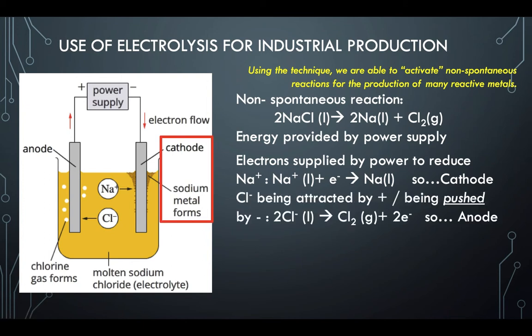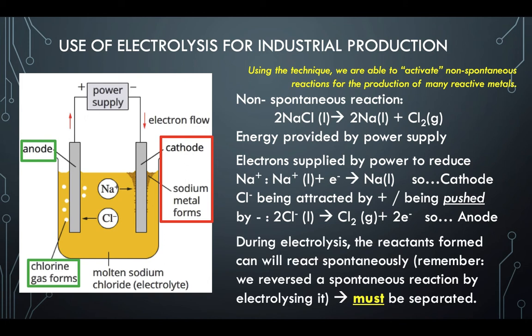So as a result, the other electrode will be the anode, where chlorine gas is formed. Okay? So during electrolysis, our real reactants here are sodium cation and chloride anion, as you see in these half equations.